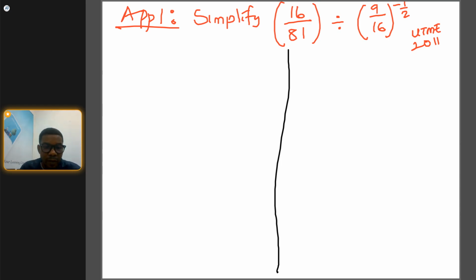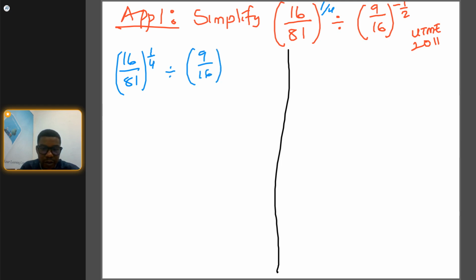Follow attentively. We have 16 over 81 raised to the power 1 over 4, divided by 9 over 16 raised to the power minus 1 over 2. Follow attentively, okay? So we won't miss any part of the explanation. Now, this is the law of indices dealing with a raised to power 1 over x.